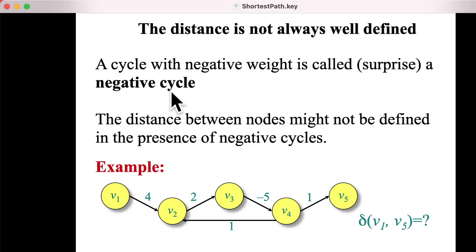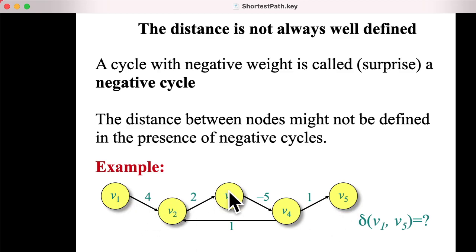Here is the interesting thing. Not always can I speak about the distance along the path. Sometimes the question just makes no sense. The moment that I have edges with negative weights, things stop making sense. Because what is a path with minimum weight from V1 to V5? Let's try.